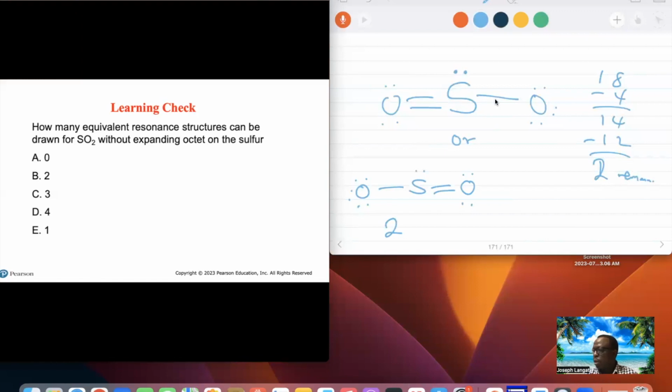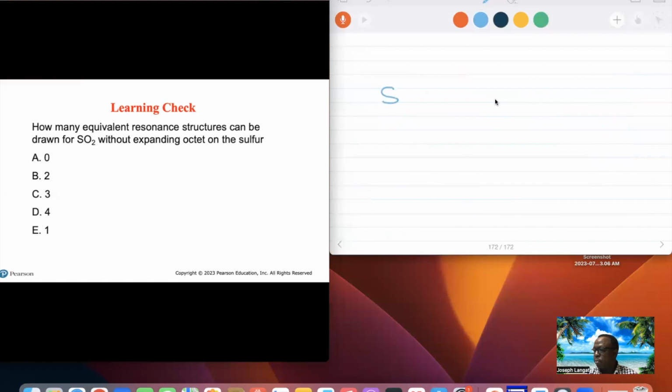The arrow shows that they are equivalent resonance structures: a single bond with 6 electrons on one oxygen and a double bond to the other, and vice versa.